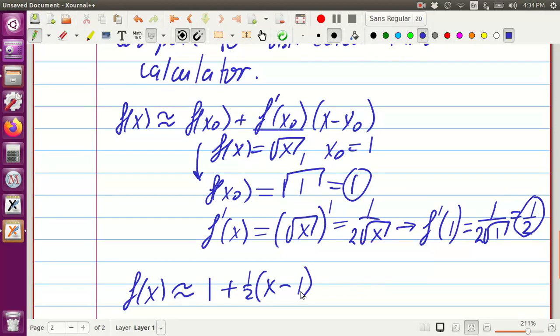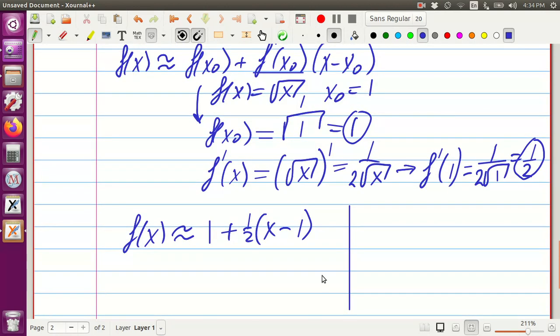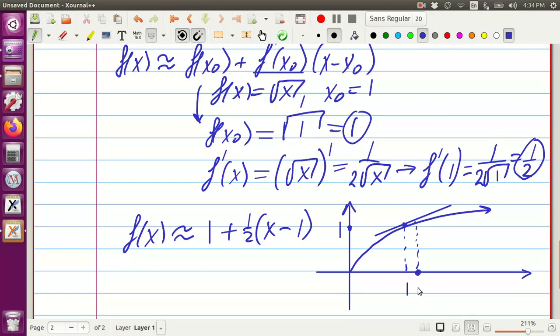So basically we have the square root function, and as we know, near 1 we have a tangent line approximation, and we would like to evaluate it at 1.1 and see how much the point on the tangent line would differ from the point on the curve itself.